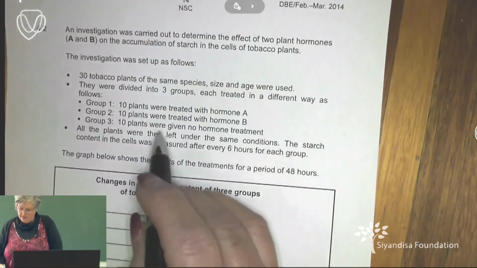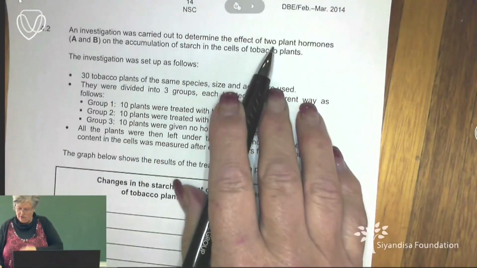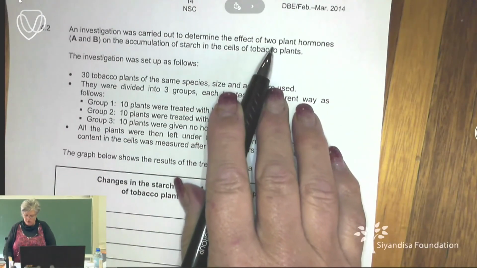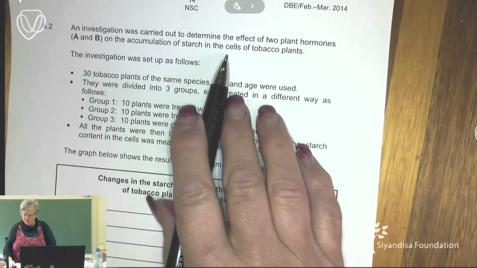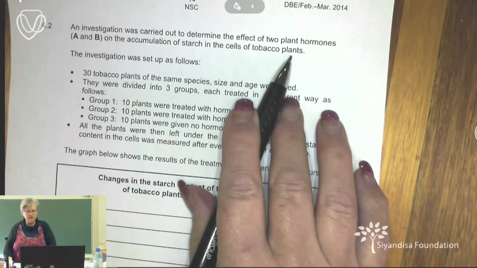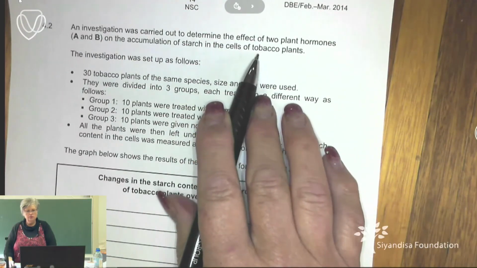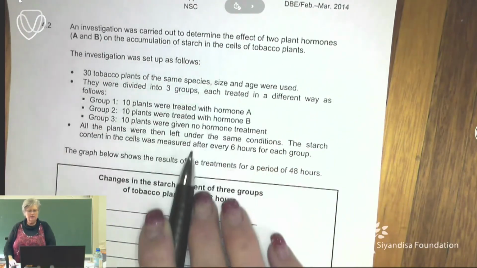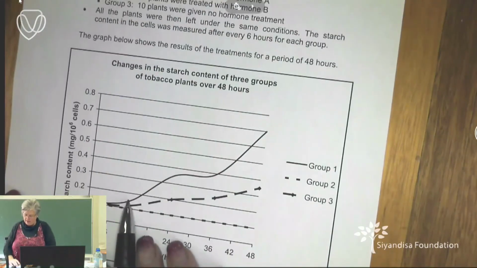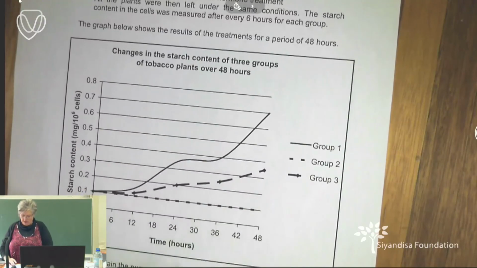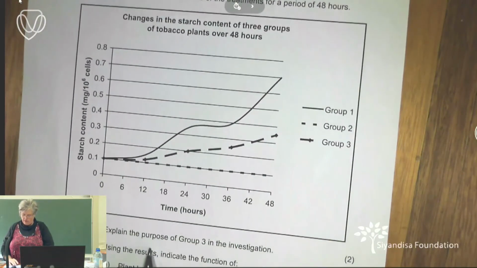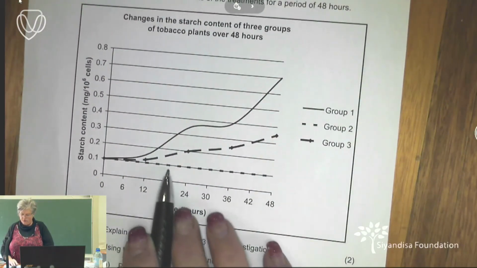An investigation was done to see the effect of 2 plant hormones on the accumulation of starch in the cells of tobacco plants. Then they describe how it was, and then they give you the 3 hormones, and then they will say to you, explain the purpose of group 3.